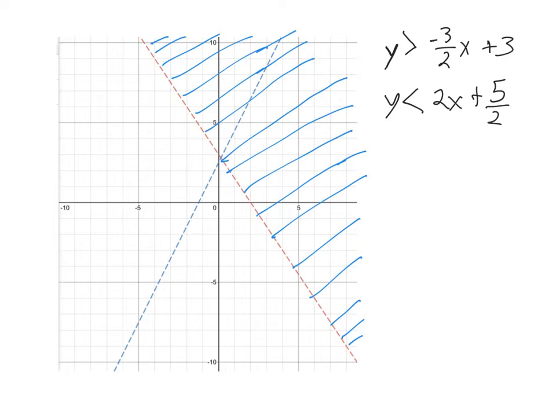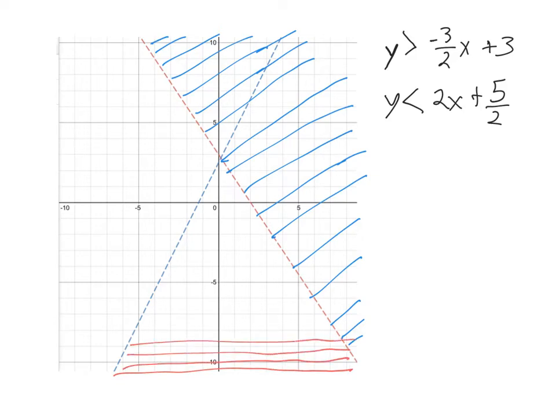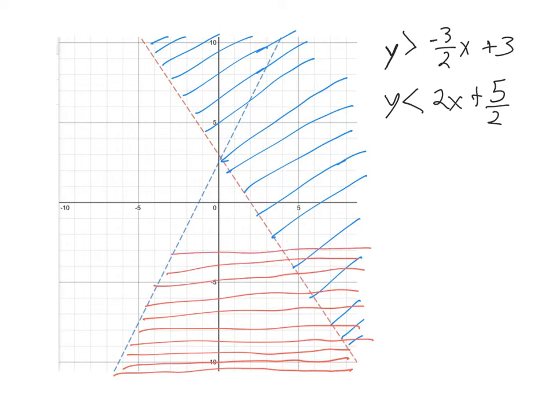And now, that means I'm going to draw where everything is less. I'm going to draw lines again. Boom. And I don't care if I go over that red line.